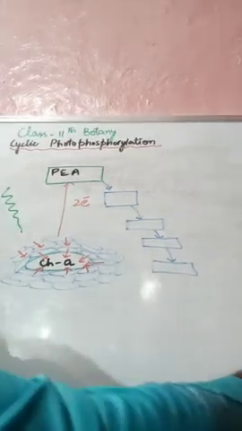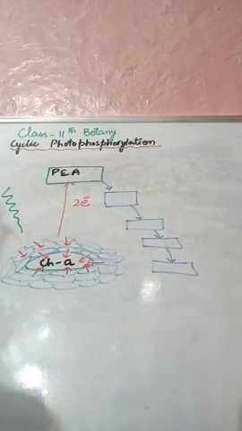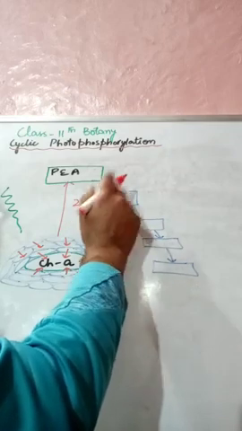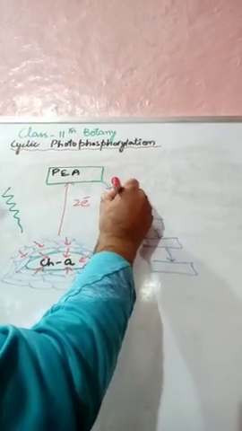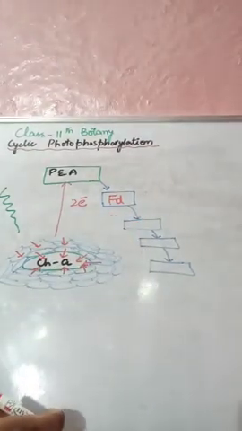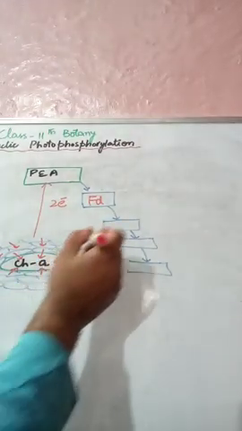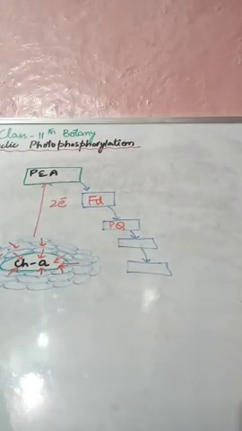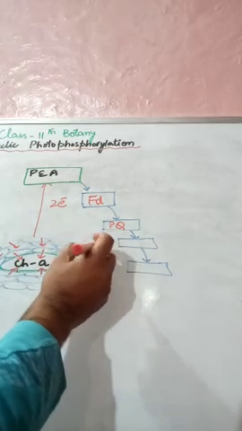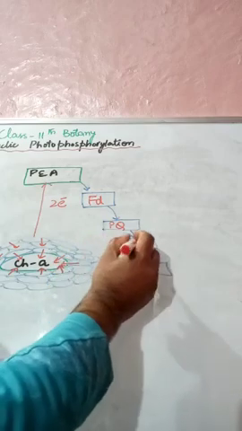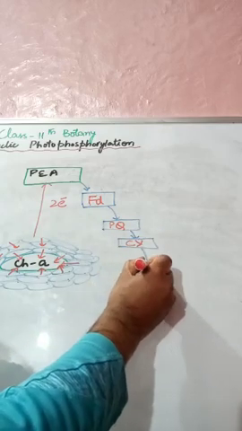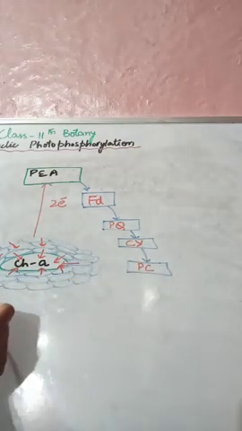If we talk of the first one, this is the ferredoxin, and the second one is the PQ, which is called plastoquinone. Then we have the cytochrome complex CY. Then we have the PC, which is called plastocyanin.